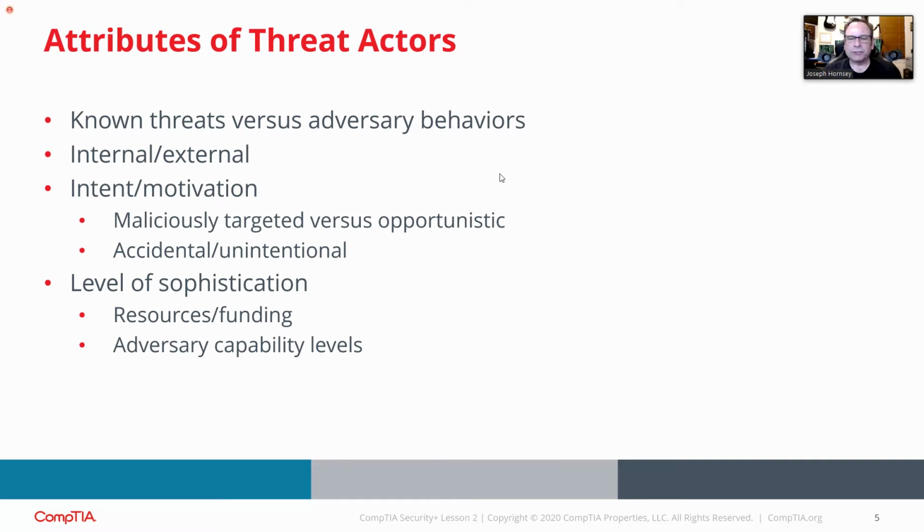So threat actors, who are these people? This has changed a lot over the years. The threat landscape has changed dramatically over what it used to be. When we start trying to categorize or become familiar with different threat actors, there are different types out there. Historically, threats were pretty static.